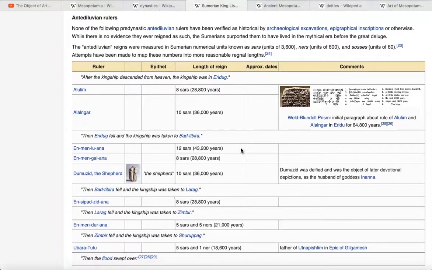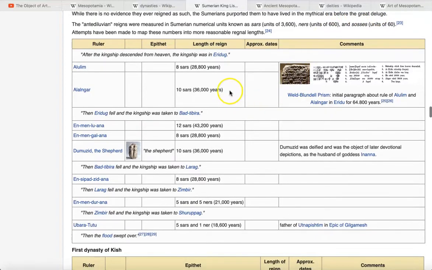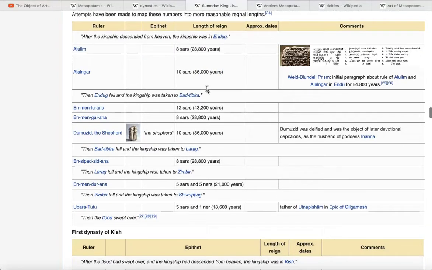I don't know if you caught on yet. The antediluvian rulers, the pre-dynastic antediluvian rulers that have been verified as historical by archaeological excavations, epigraphical inscriptions, or otherwise. Look at the dates, and not just the dates, but look at the length of the reign of each one of these.